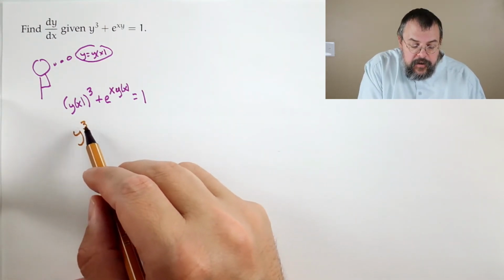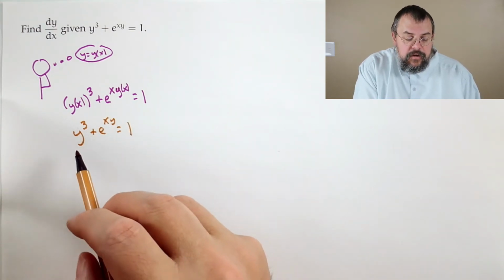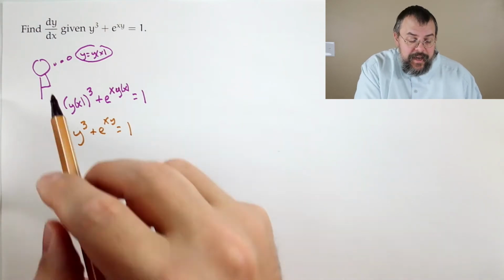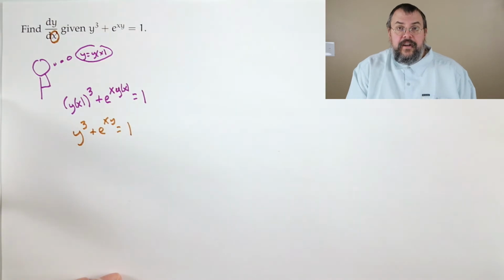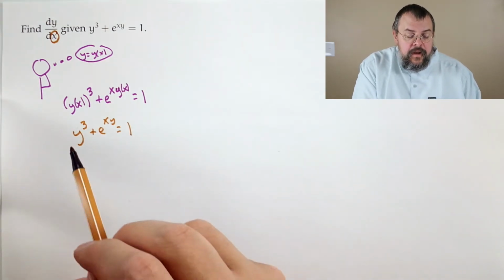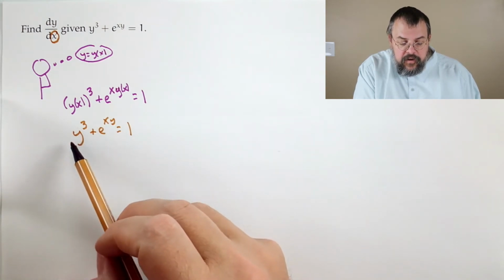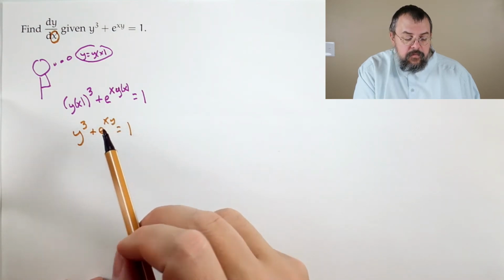Okay, so we have y cubed plus e to the xy equals 1. So we take the derivative of both sides with respect to x. We know it's with respect to x because of the dx. That's what tells us we're taking the derivative with respect to x. So where does x show up? Well, it shows up here because there's a y of x, and it shows up twice up here because of the x and the y of x.